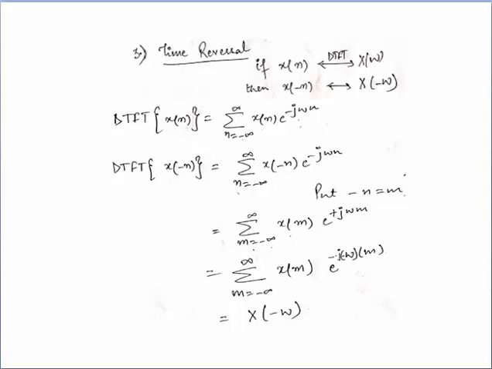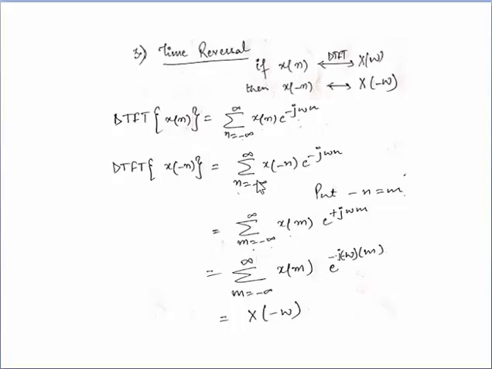Now put x(n) is equal to x(minus n) to find out the time reversal property. So the equation becomes DTFT of x(minus n) is equal to summation n tends to minus infinity to infinity x(minus n) e raised to power minus jωn.